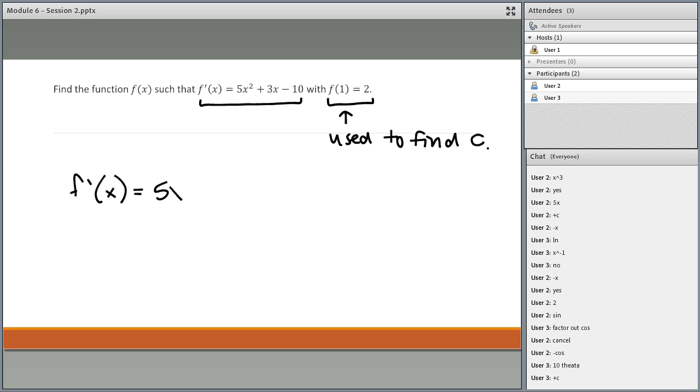So they gave us the derivative function. They said the derivative is 5x squared plus 3x minus 10. And they're asking us to find f of x. How am I going to go from the derivative to the original function?